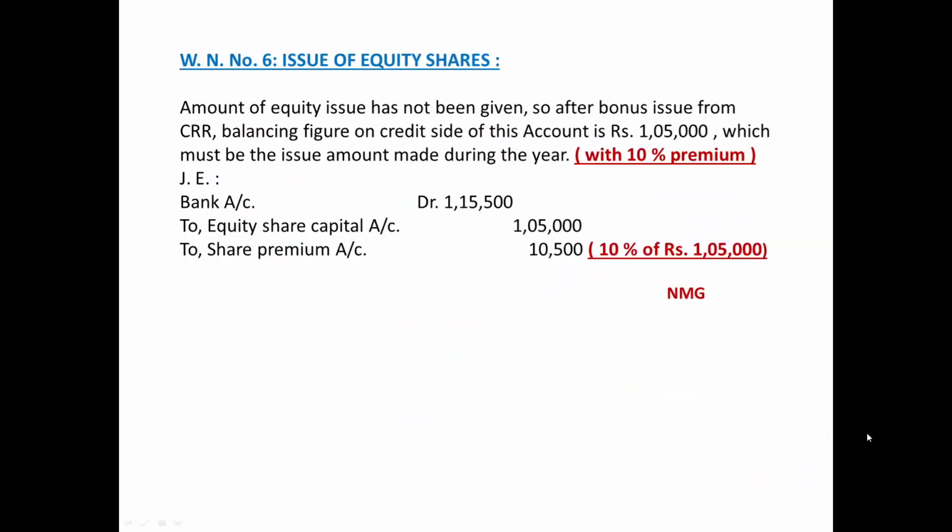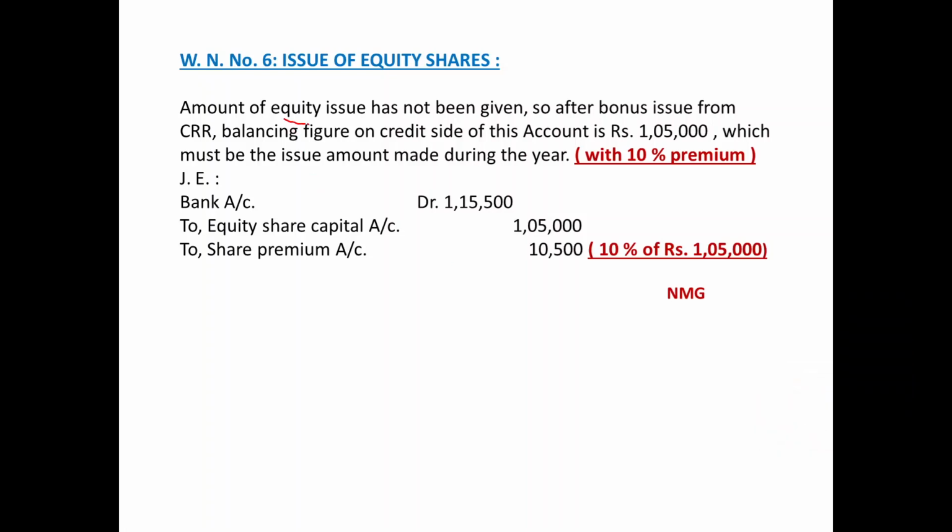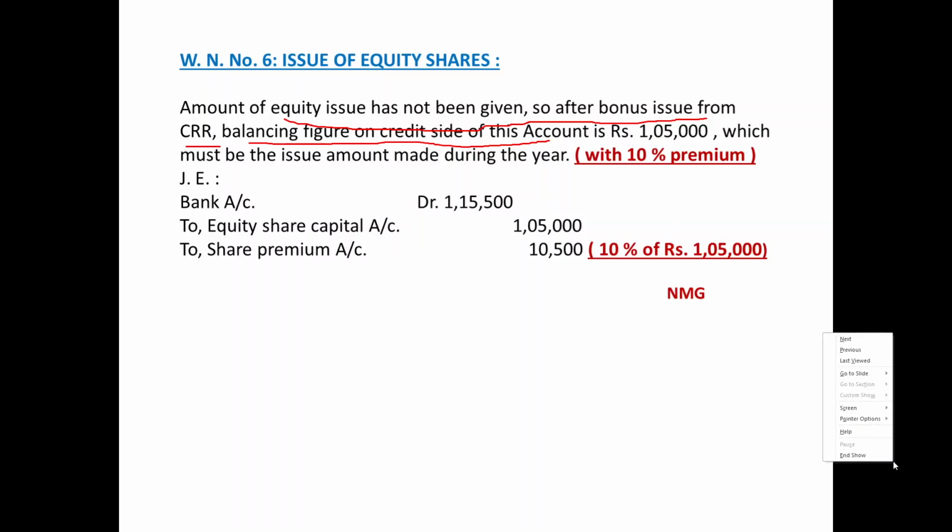So how much has been issued? Last working note for issue of equity shares. Have a look. Amount of equity issue has not been given. So after bonus issue from CRR, the balancing figure of the credit side of the equity share capital account, whatever it is, would be the new issue made during the year.